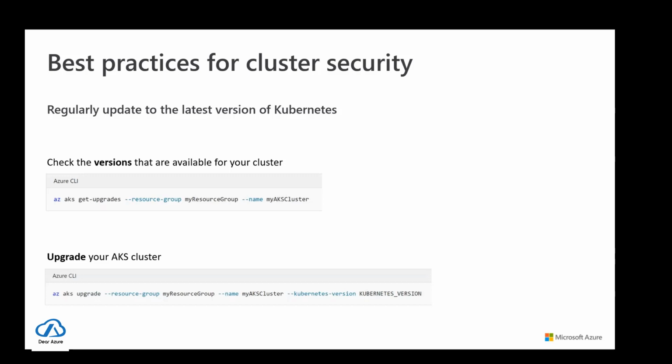This upgrade process safely shuts down a node at a time, schedules pods on remaining nodes, and then deploys a new node running the latest operating system and Kubernetes version. So this is the way to guarantee high availability of your cluster, and obviously upgrade to the latest version.